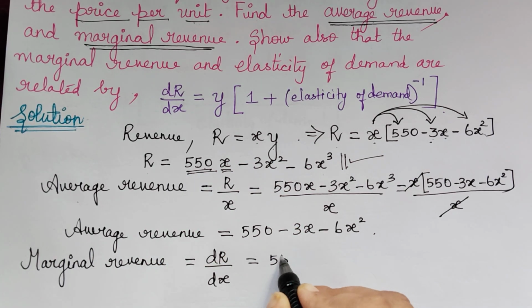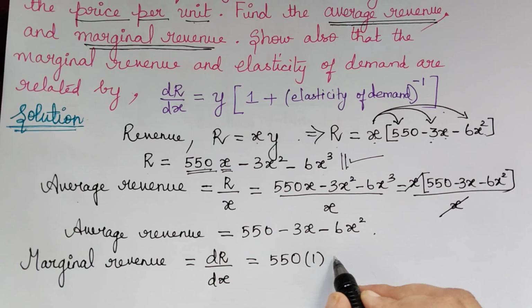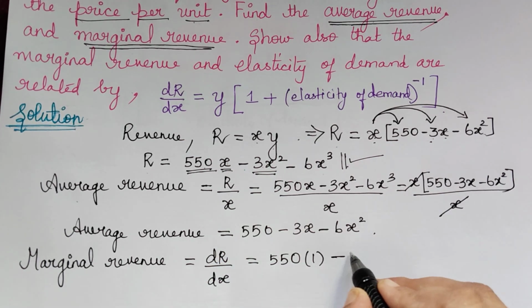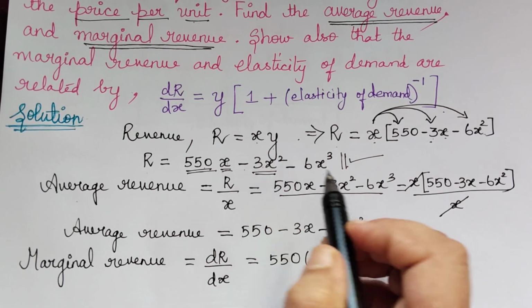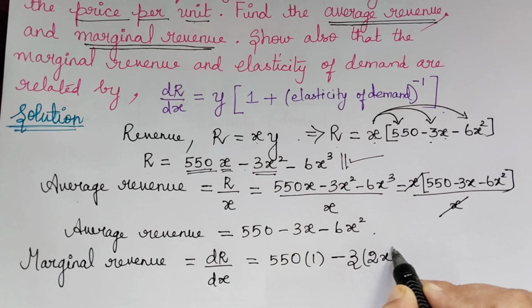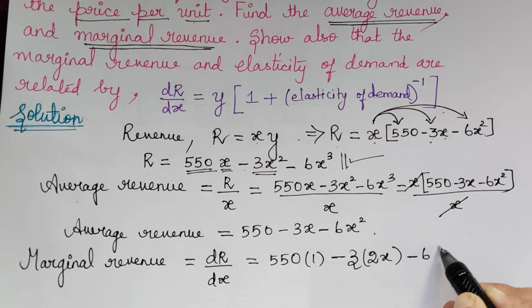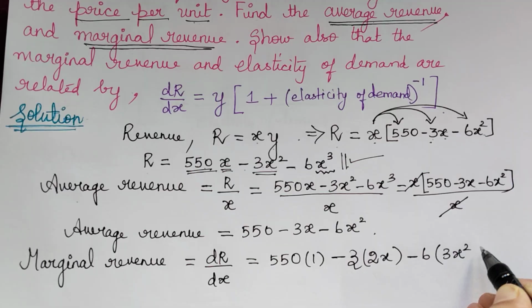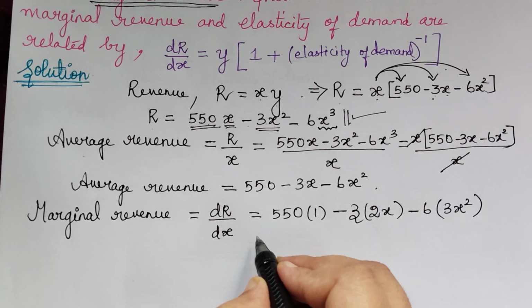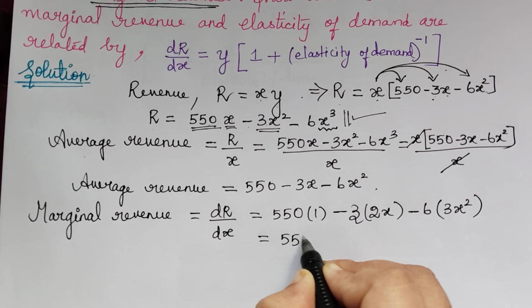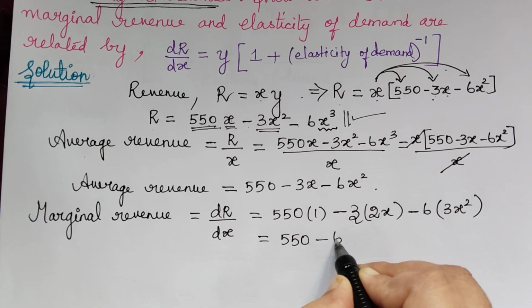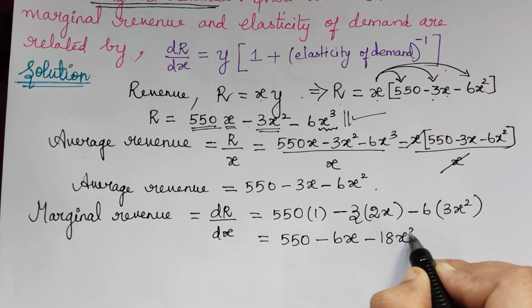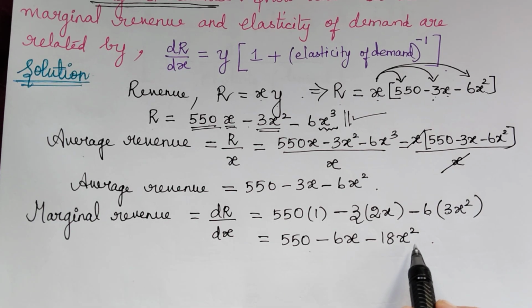So 550 multiplied with 1 minus, the differentiation of 3x square: 3 is a constant, so we will write it as it is. Differentiation of x square is 2x. And then minus 6 multiplied with the differentiation of x cube, which is 3x square. So therefore the marginal revenue we have obtained is 550 minus 6x minus 18x square. So this is the marginal revenue.